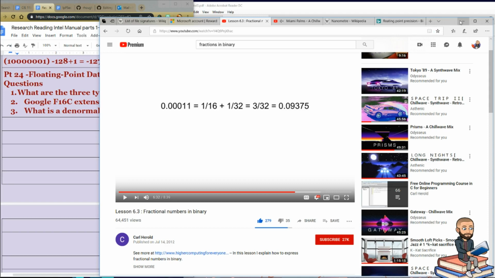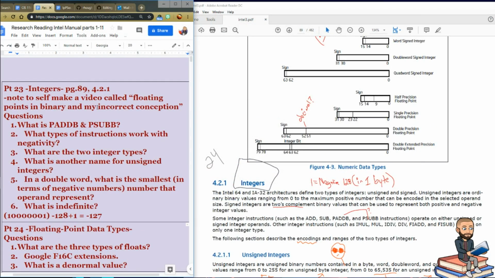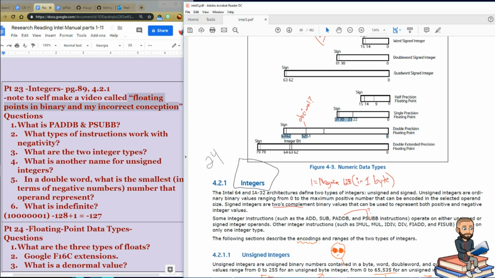And I plan on doing another video where I explain my complete misconception here. I'm going to call that video Floating Points in Binary and My Incorrect Conception. Because I thought it would be cool for this number just to be in a regular kind of way, where we take a number, say 8, and then we look at another number, say 20, and then we just put that together as 8.20, aka 8.2.